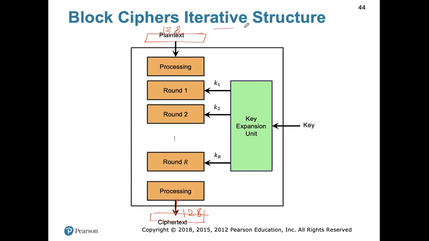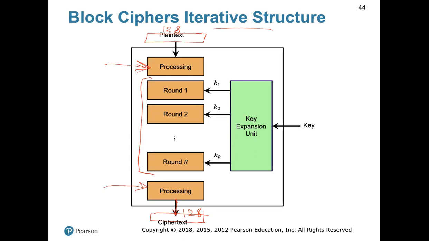It is called an iterative structure because you do some initial processing on the plaintext. That initial processing might be anything, we'll see, and then you have some finalizing processing. In between, you have multiple rounds of encryption: round 1, round 2, round 3, and so on.